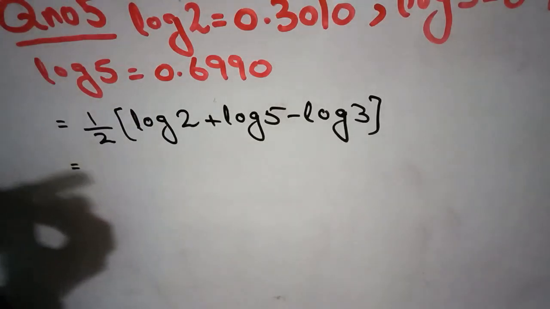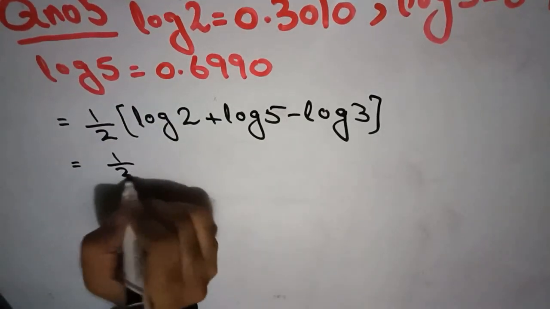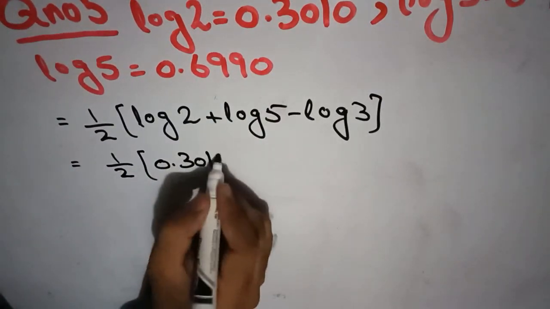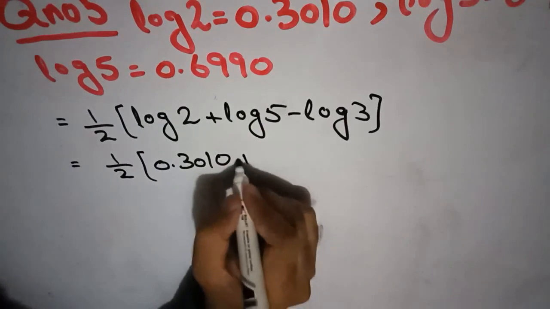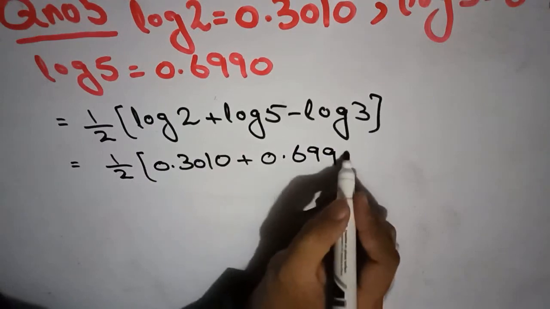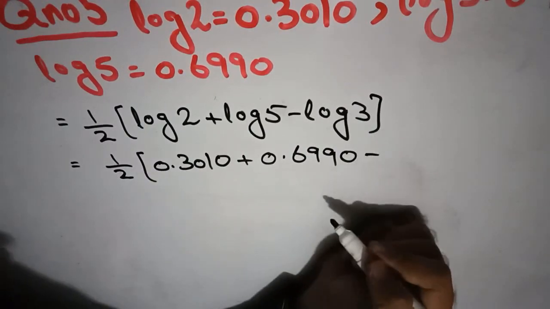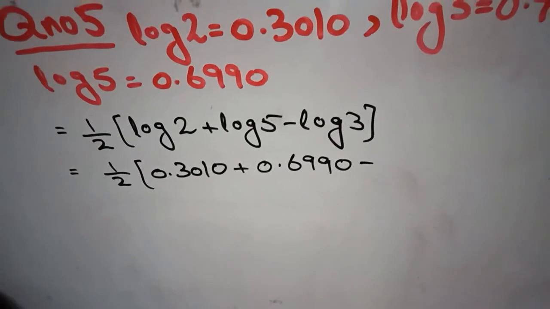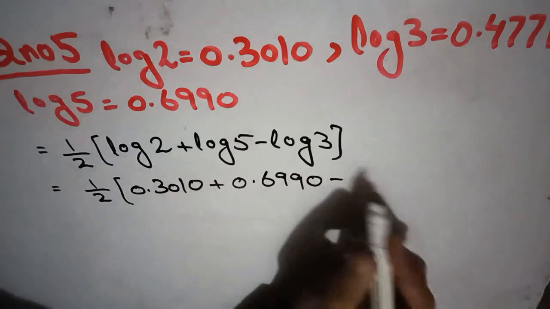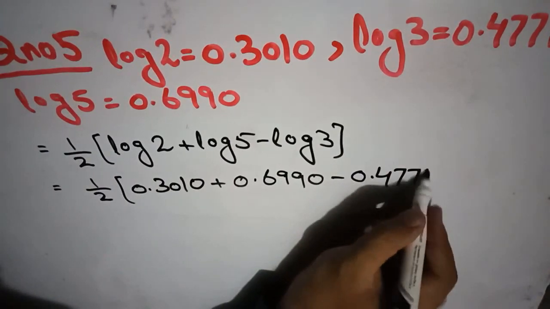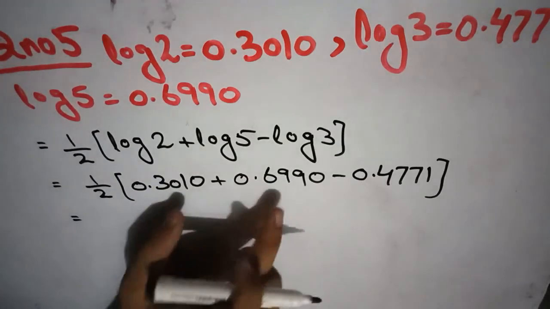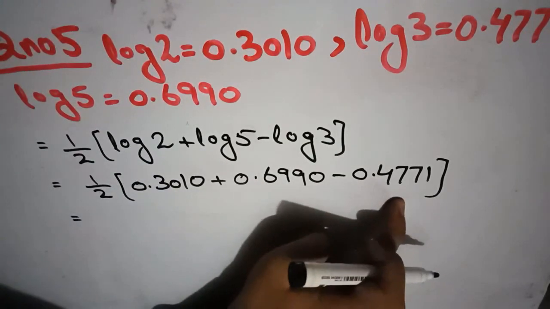I am just writing the values here. 1 by 2, in the place of log 2 we will place 0.3010, plus in the place of log 5 you will place 0.6990, minus the value of log 3, that is 0.4771. Okay, so now you will just add these values and then subtract this one.